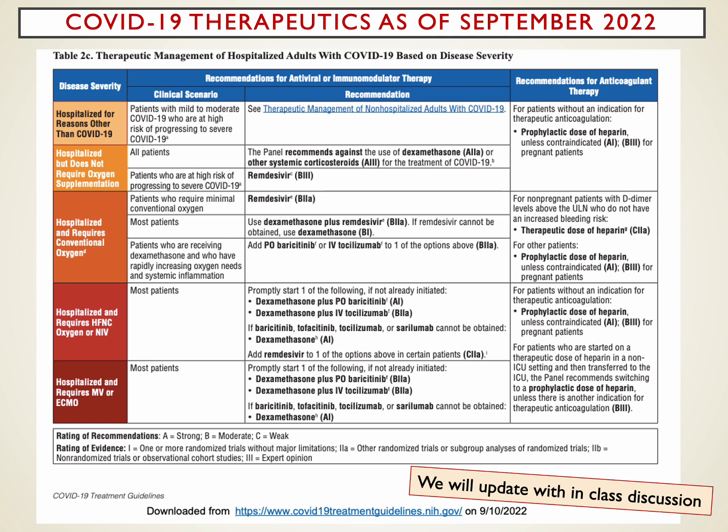And then we'll look at dexamethasone also. Dexamethasone is helpful, early to mid to later COVID, because of the inflammatory response of COVID.